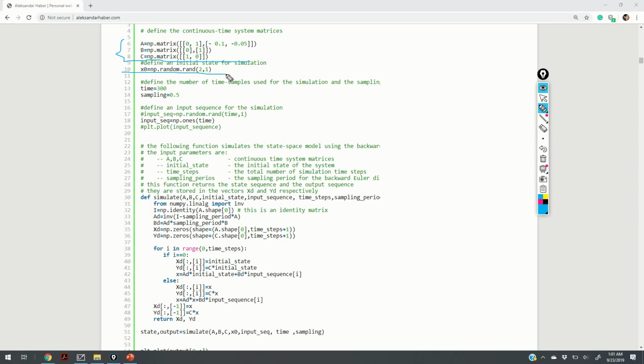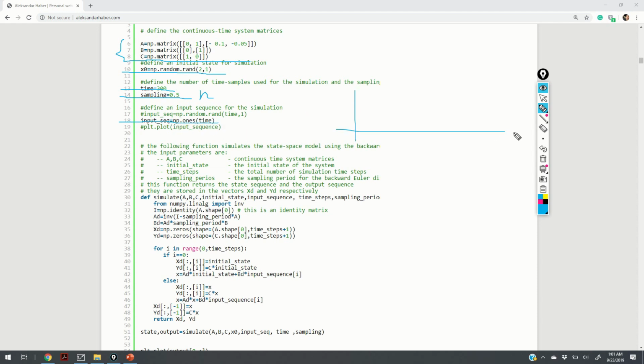Code line 10 is used to define an initial condition. Code line 13 is used to define the total number of time steps for simulating the system. Code line 14 is used to define a discretization time constant h. And code line 18 is used to define an input sequence.